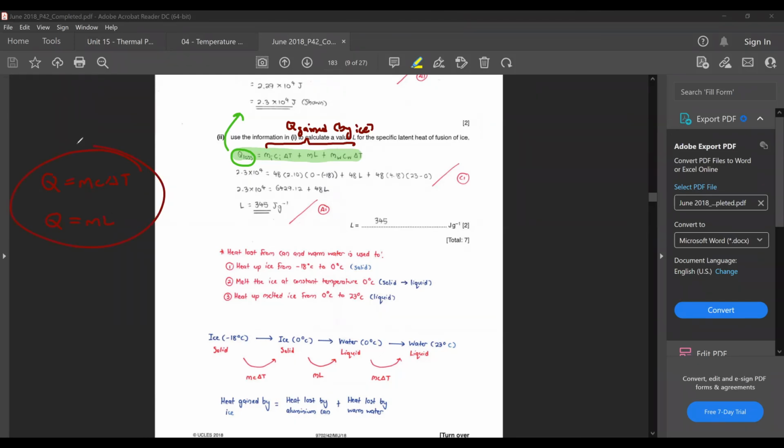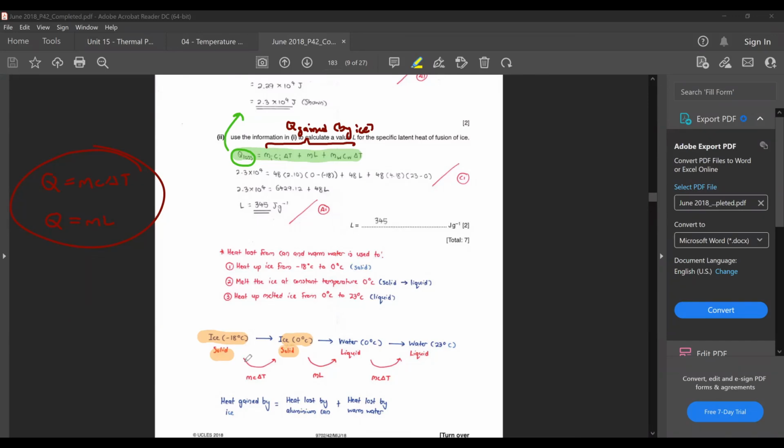The reason why it's like this is because you need to look at how the ice melted into water in the first place. There are some phase changes involved and some temperature changes involved for two different phases. Remember you start off with ice at negative 18 degrees. It is a solid, but then you need the temperature to increase to 0 degrees while it's still a solid.